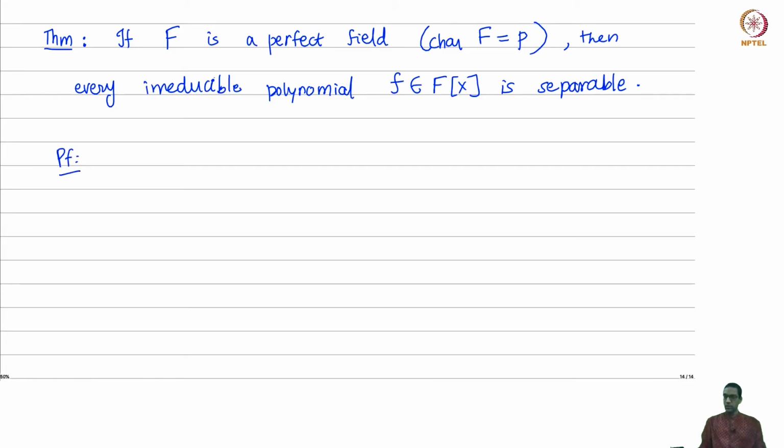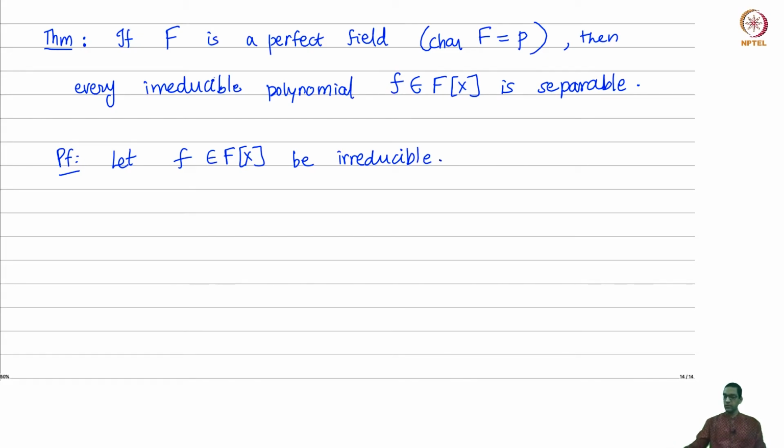Okay, so what do we need to do? Let's take f to be irreducible. So let f(x) be an element of F[x], be irreducible. To show it is separable, we need to show that its derivative is not 0, right?